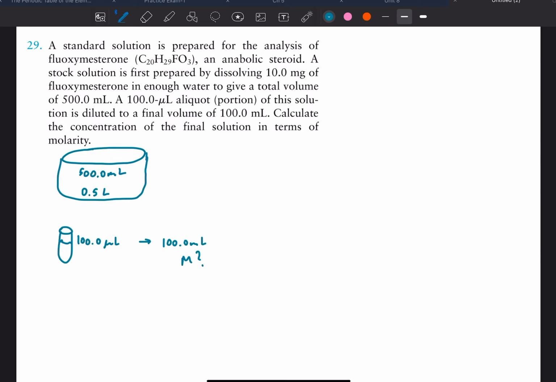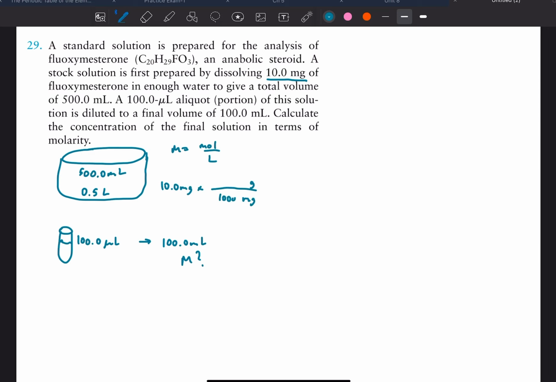So we need the molarity of our stock solution before we can proceed. And we know that molarity is equal to moles over liters. In this case, we have our volume, which I converted to liters, and we need the moles. So we're given these 10 milligrams that we can convert to find moles. So let's go ahead and start with our 10 milligrams, and we convert that to grams.